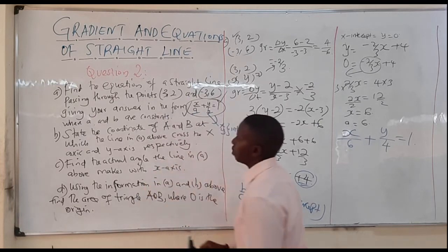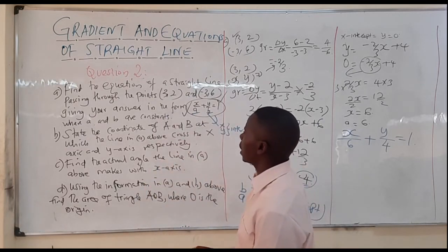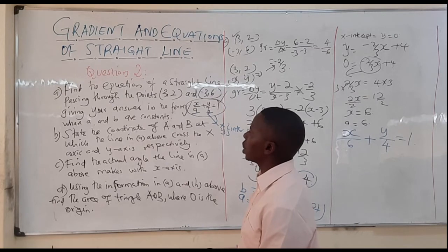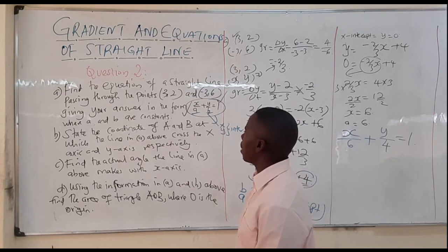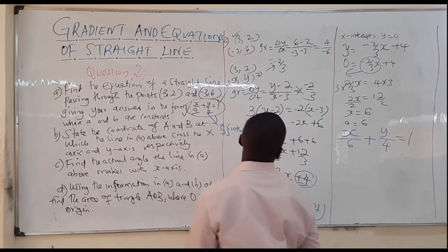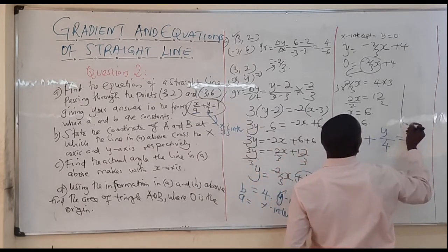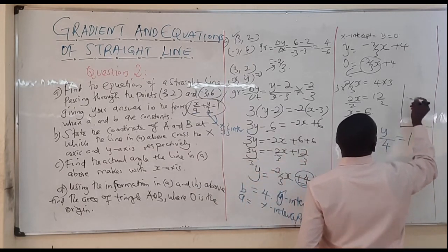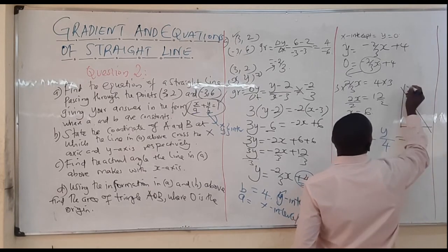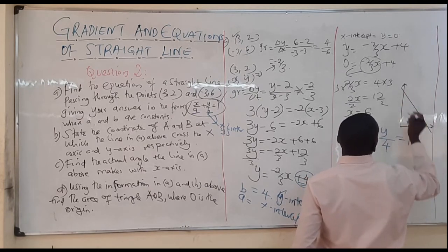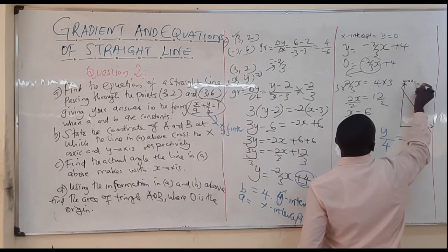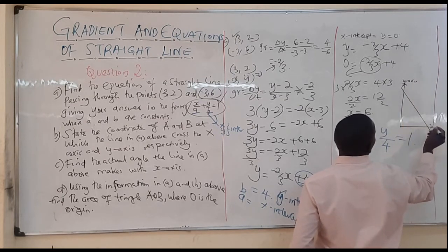Then, part B, you've been told to state the coordinates of A and B at which the line in A above crosses the x and the y axis respectively. Of course, we have the answers with us, because if we just have a sketch here, this is the y-axis, this is the x-axis.